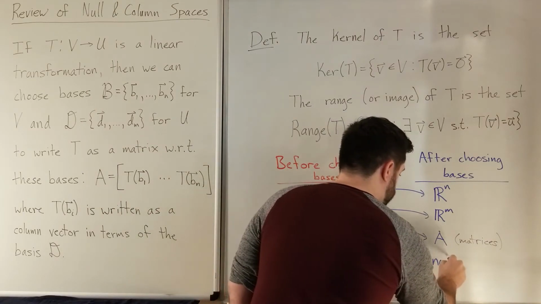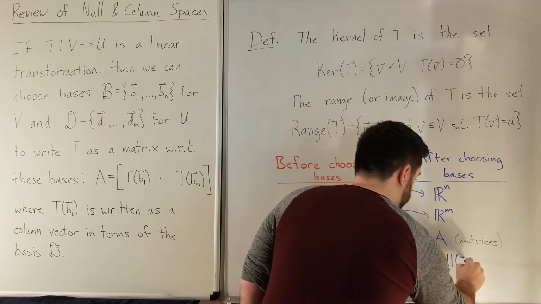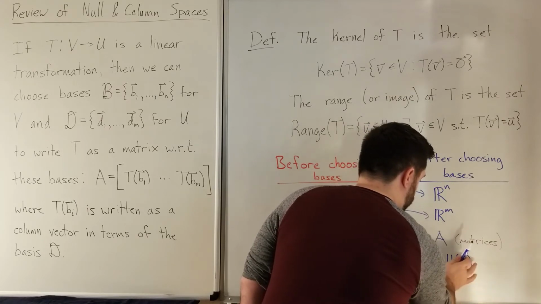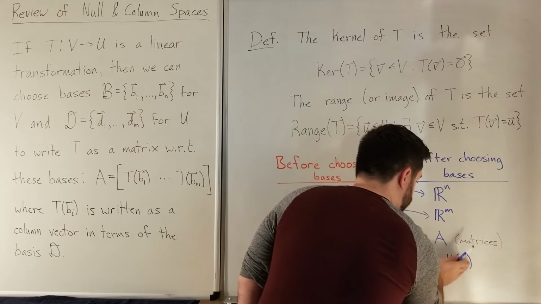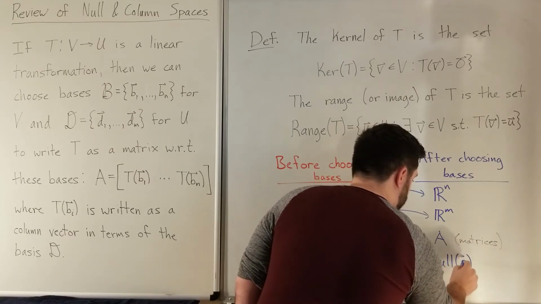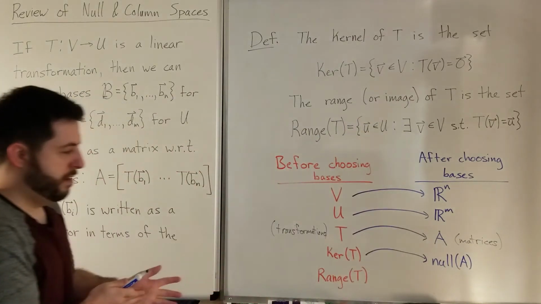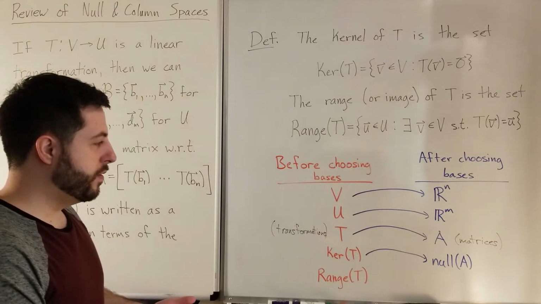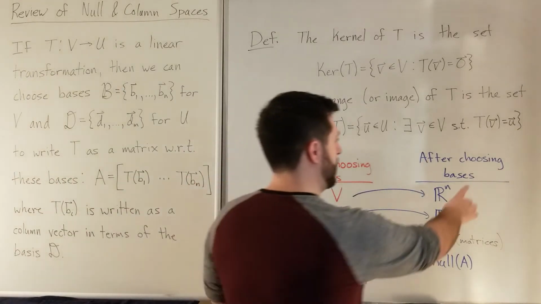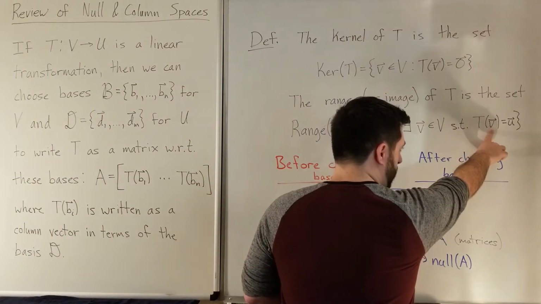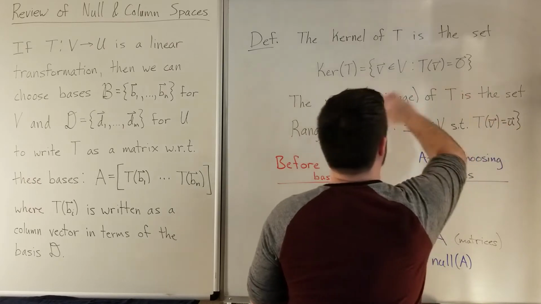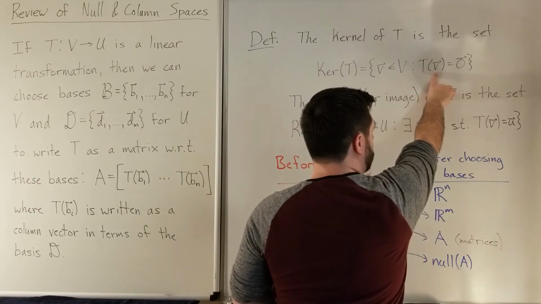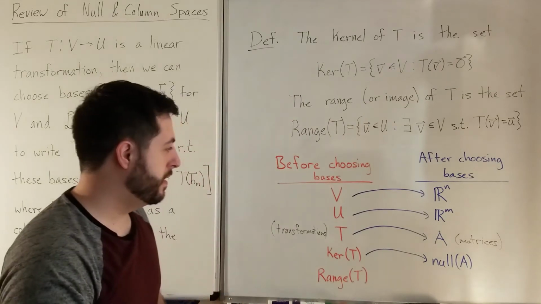So the null space has this notation, null of T, or we're specifically talking about a matrix, so I'm going to use null of A. So the null space is the set of vectors written as column vectors such that when you write A applied to that column vector, you get the 0 column vector in the target space.